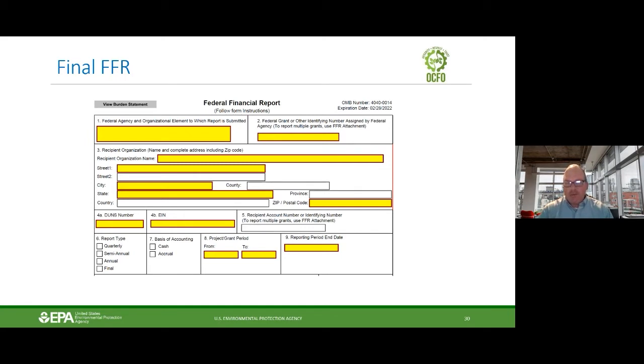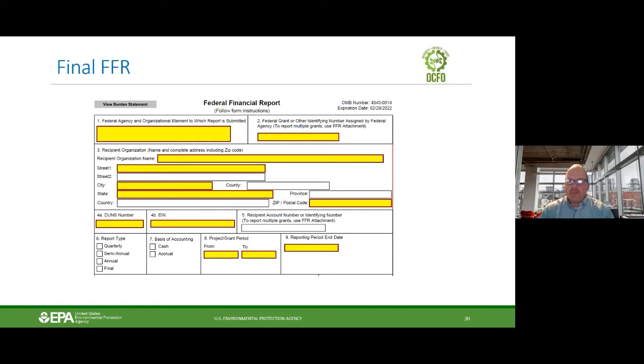Now, one of the things that we do is if somebody marked a final report, and the grant doesn't close out until 2025, we're going to follow up with you to say, hey, do you really want to close this grant out? Because it doesn't expire for 2 or 3 years.